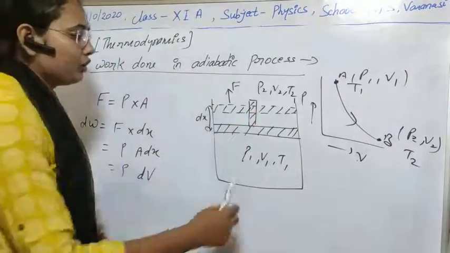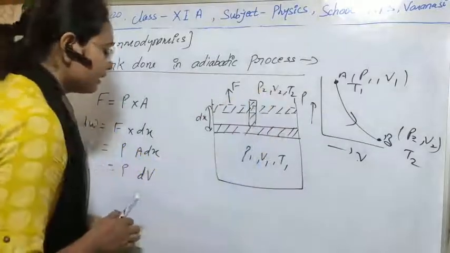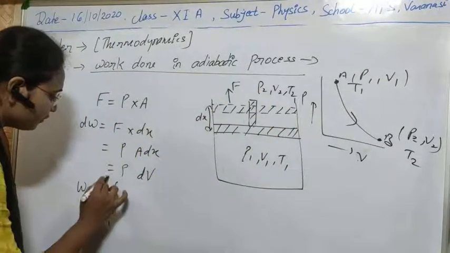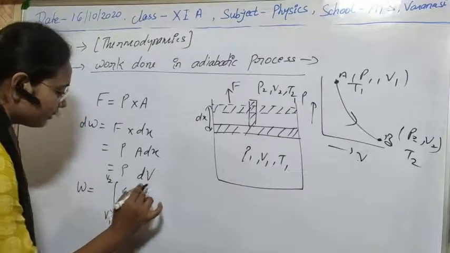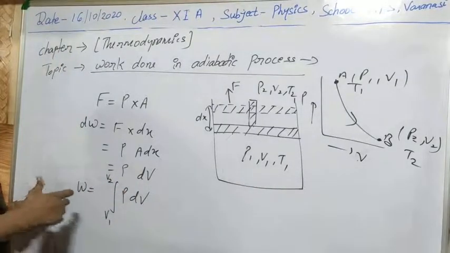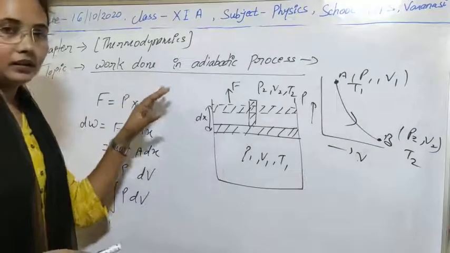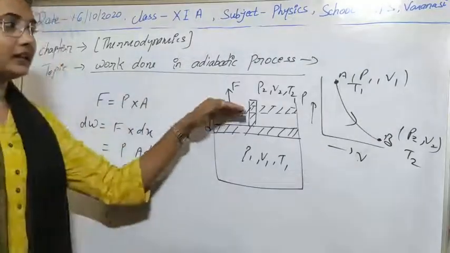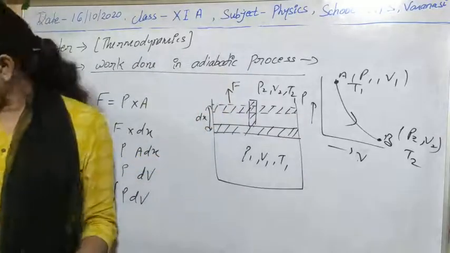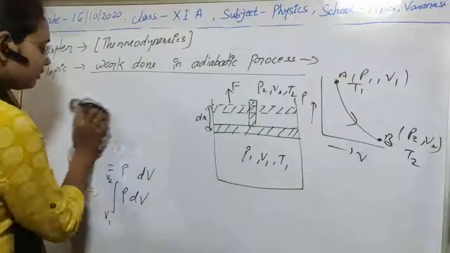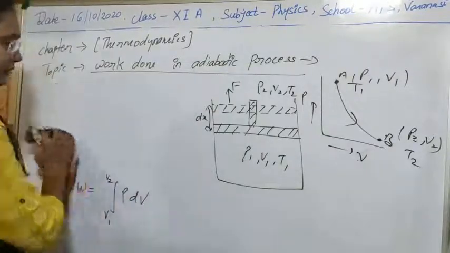If we want to change it from V1 to V2, we can integrate over V1 to V2 and obtain the final work done in expanding the gas adiabatically. This process so far is the same as the isothermal process, but after that the equation will be different.